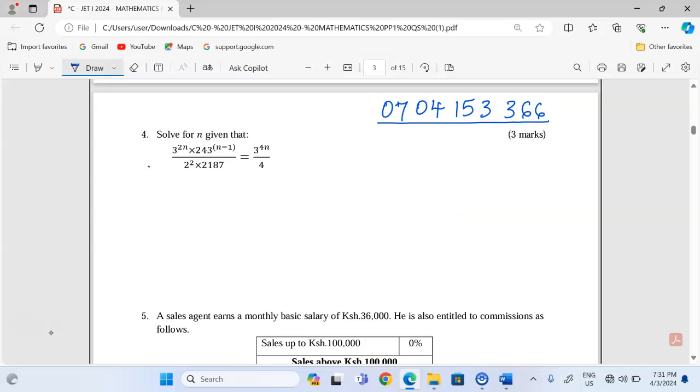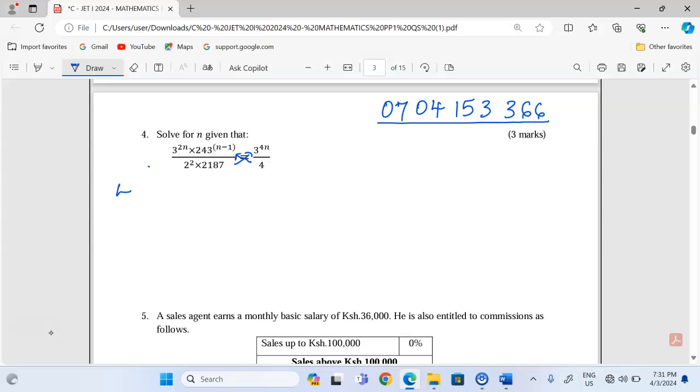So what you're going to have here is a cross multiplication to do away with these fractions, such that 4 multiplies the numbers here, then 2 power 2 and 2187 multiplies the numbers on that side.